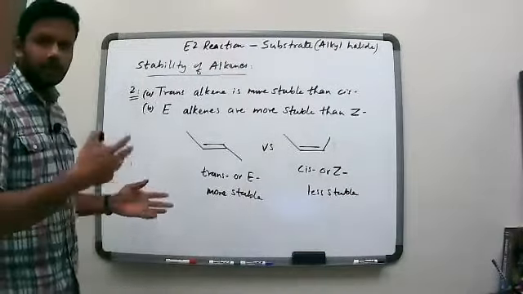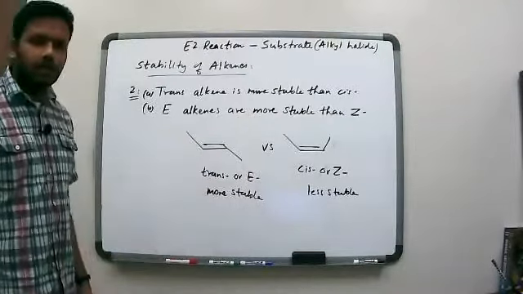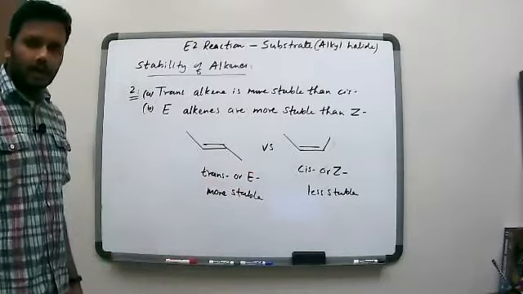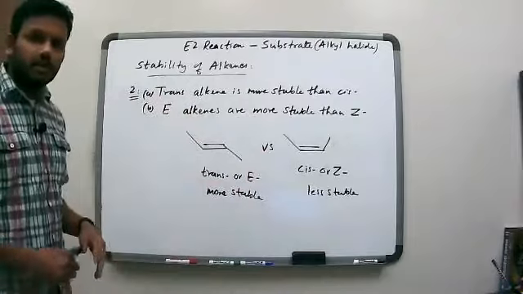Okay, so that's another effect that we need to keep in mind. So trans would be more stable than the cis alkenes. And so these are two things that would control the stability of alkenes.